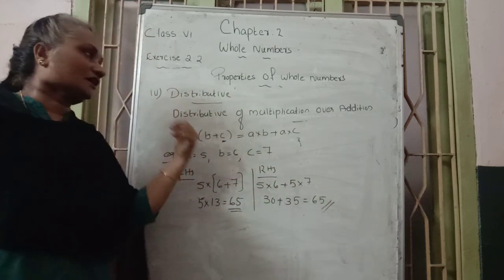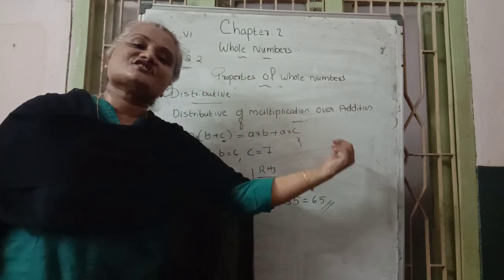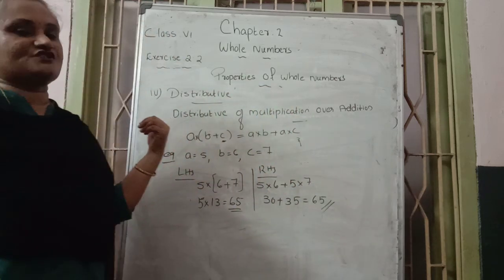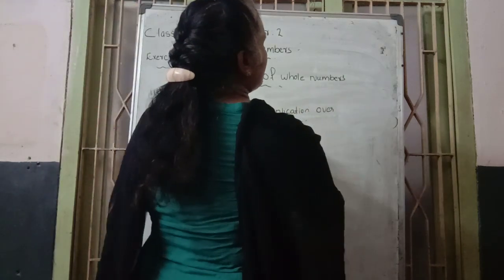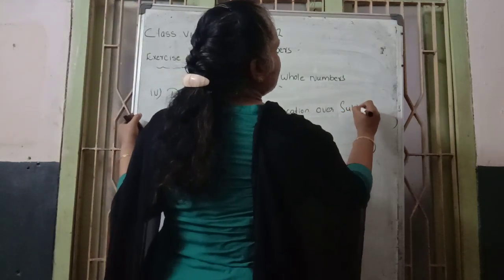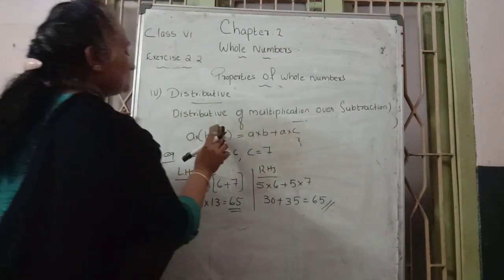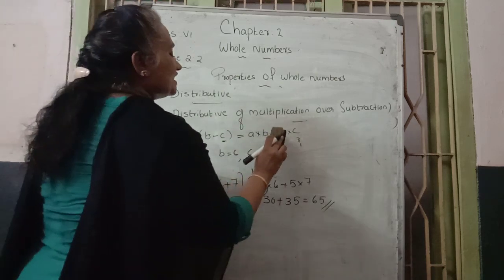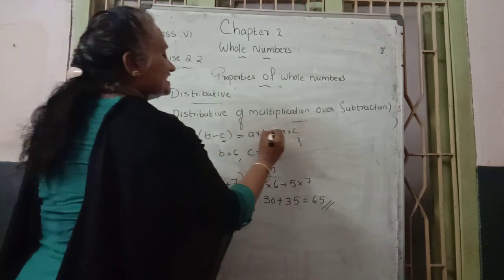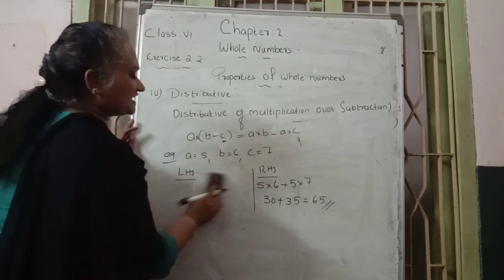In the same way, distributivity of multiplication over subtraction also will be satisfied there. Multiplication over subtraction case: A into (B minus C) is equal to A into B minus A into C. We can choose the same numbers for the LHS side and RHS side.